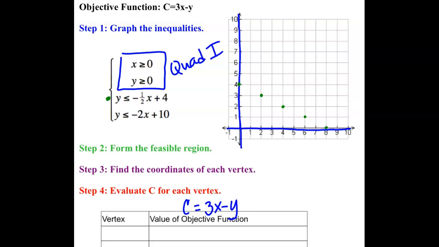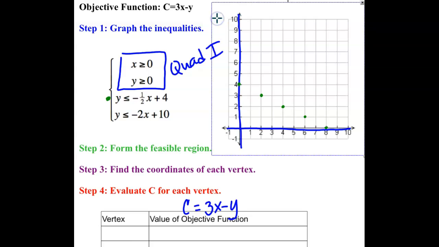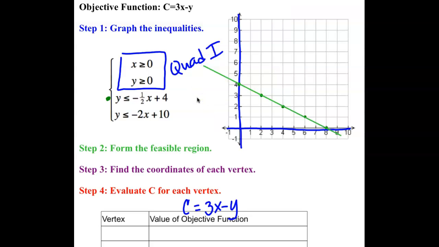So go ahead and use a straight edge and put your line in there. All right, so we have our green line. We want y to be less than or equal to that. So we are shading underneath it.